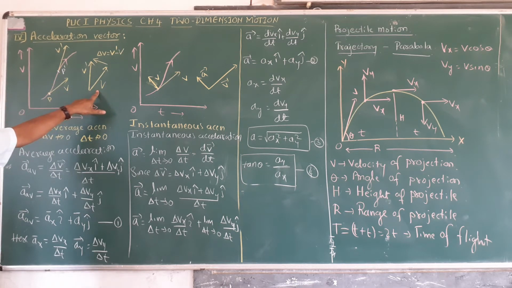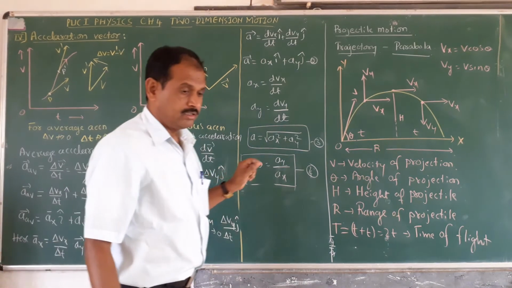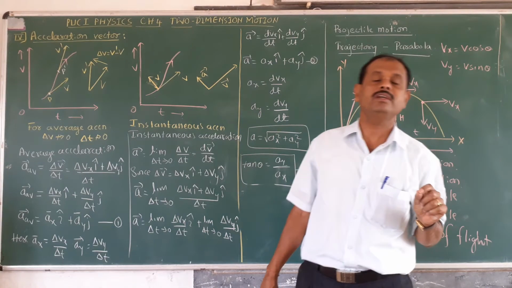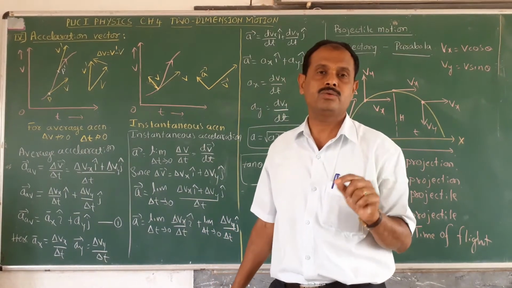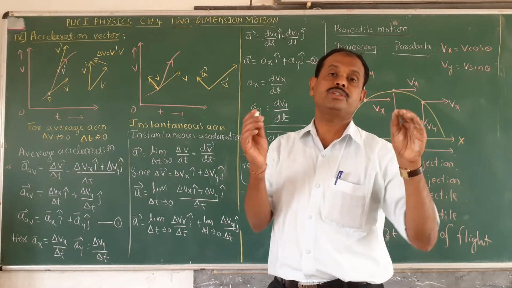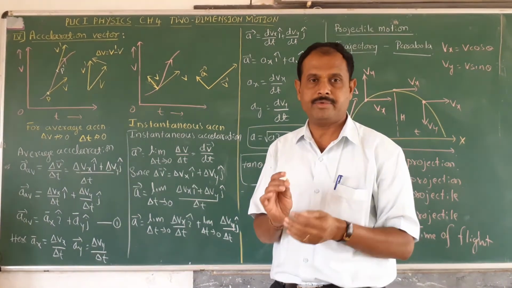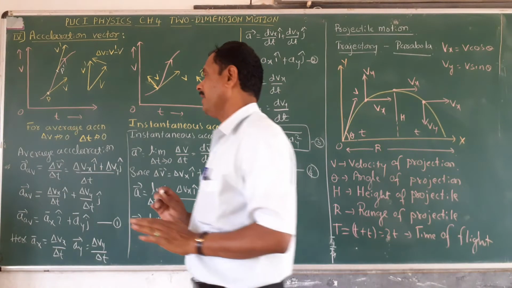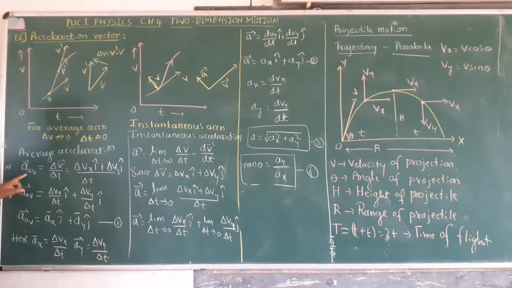What you got here? Average acceleration is nothing but the ratio of the change in the velocity to the time taken, the change in the velocity per time taken. Average acceleration is equal to change in the velocity divided by time.